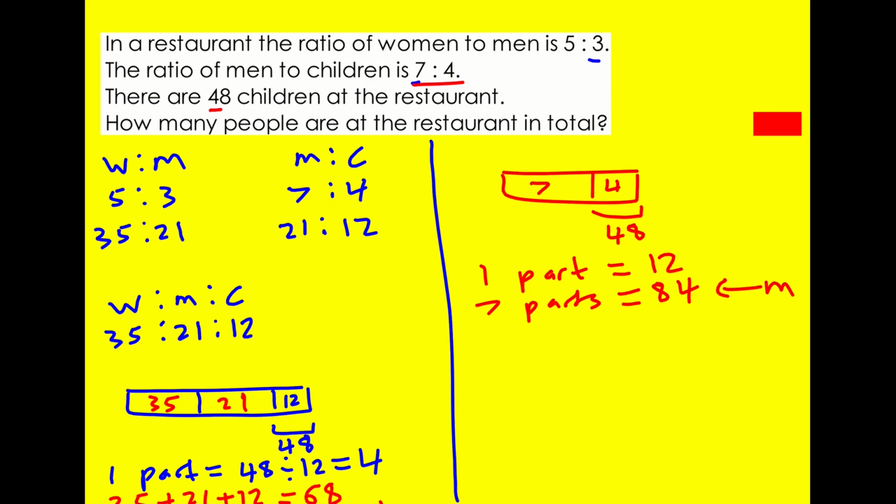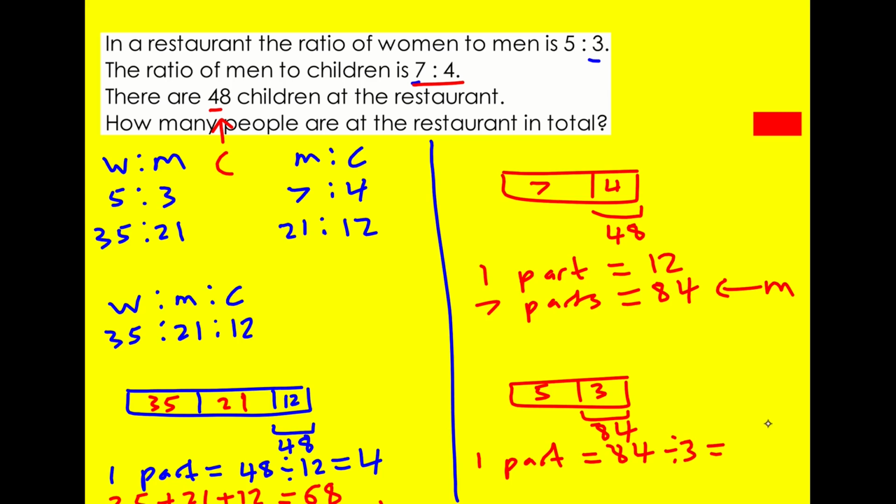I've got the number of children, so all I need is the number of women, and I could add those together. Now I can look at the other ratio, and I see I've got 5 to 3, but I know the number of men, that's 84. So this time, this ratio, one part's going to be 84 divided by 3, which is 28.